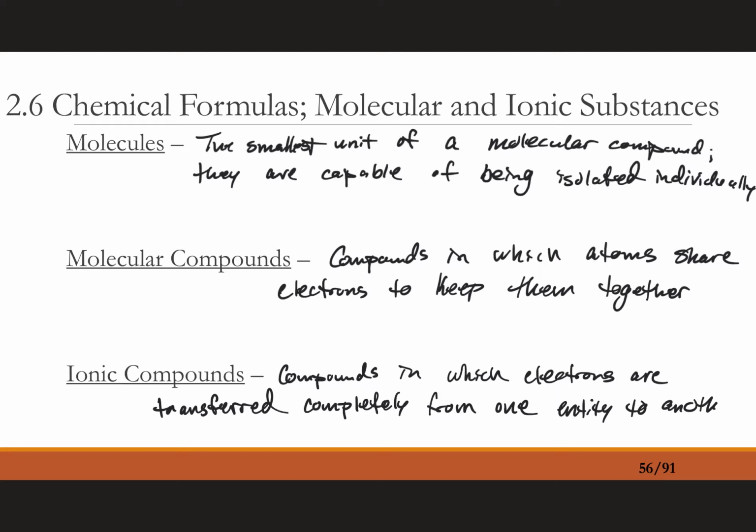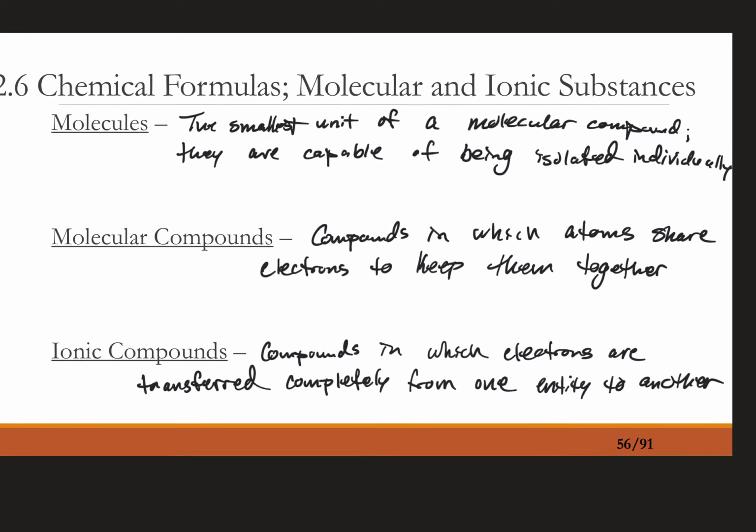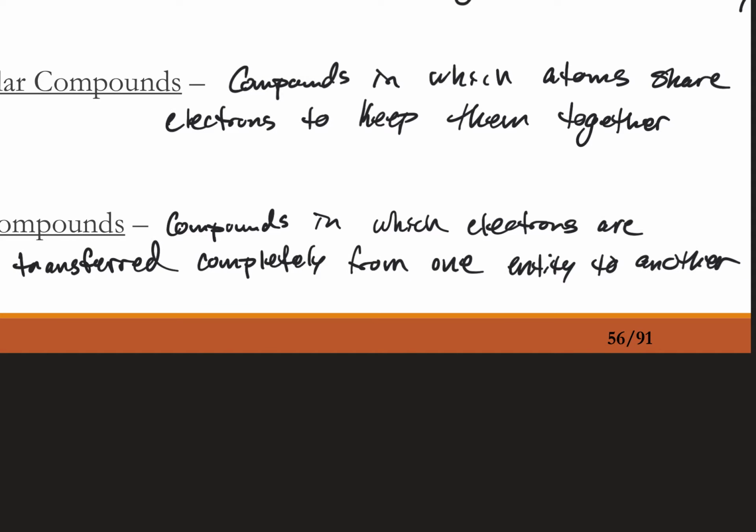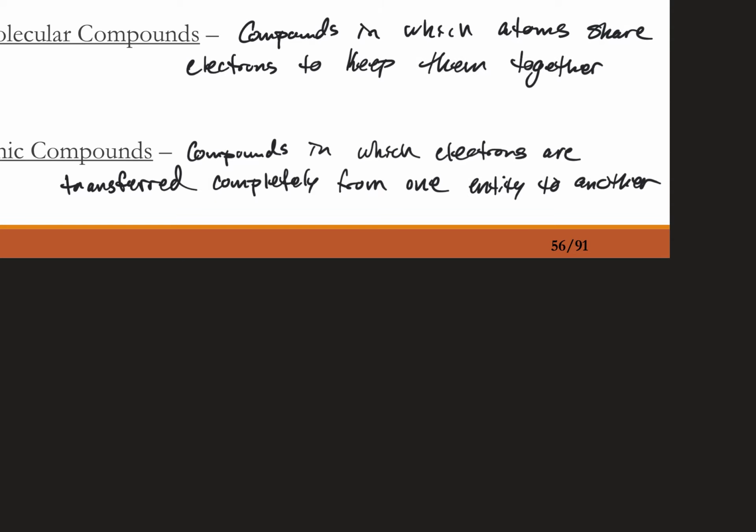And the atom that gives up the electron will be known as a cation. The atom that takes the electron will be an anion.